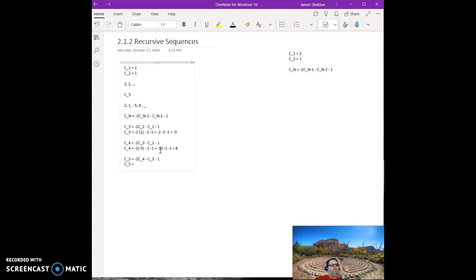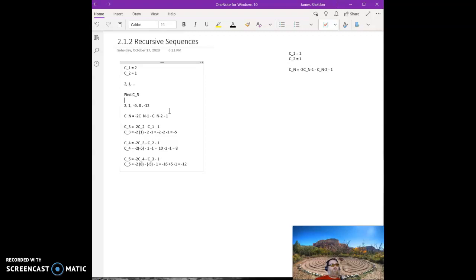Great, so now C sub 5 is minus 2, C sub 4, which is 8, so minus 2 times 8, minus C sub 3, which is -5, so minus -5, minus 1, and that gives us -2 times 8 is -16, minus -5 is plus 5, minus 1, and that gives us -12. So now we know the fifth term in our sequence is -12.